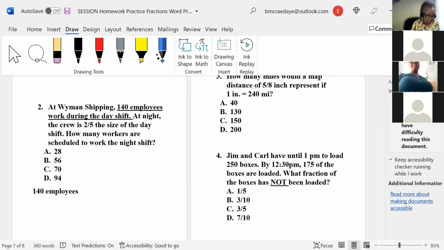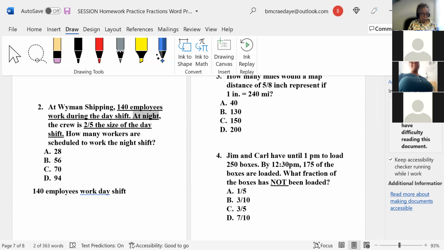Work day shift. All right. Now, 2/5 the size of the day shift is the night shift, right? Because it says at night.